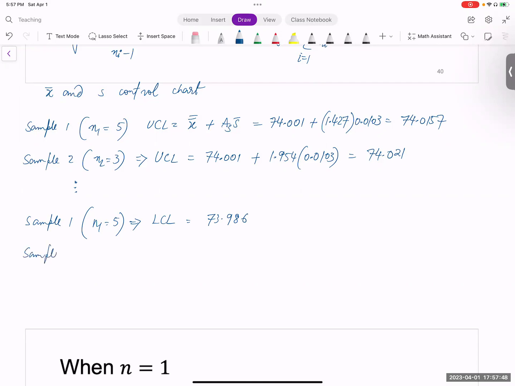Sample 2, N2 equals 3, which implies LCL equals 73.981. So you see, for every single sample, if the sample size is different, then your UCL and LCLs are going to be different, right?